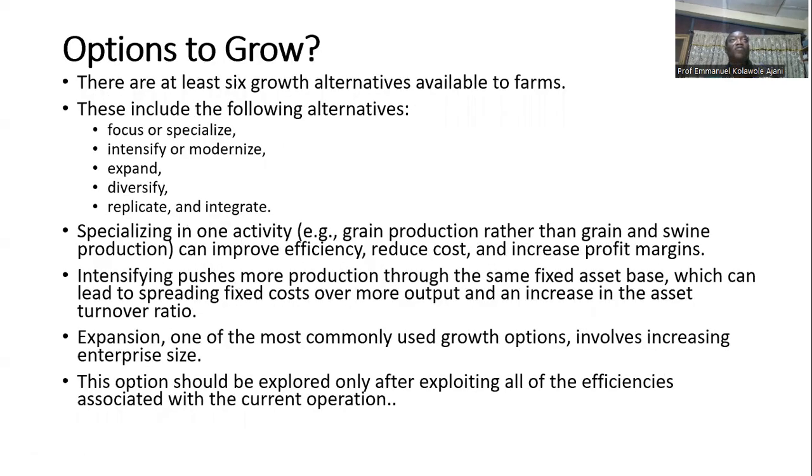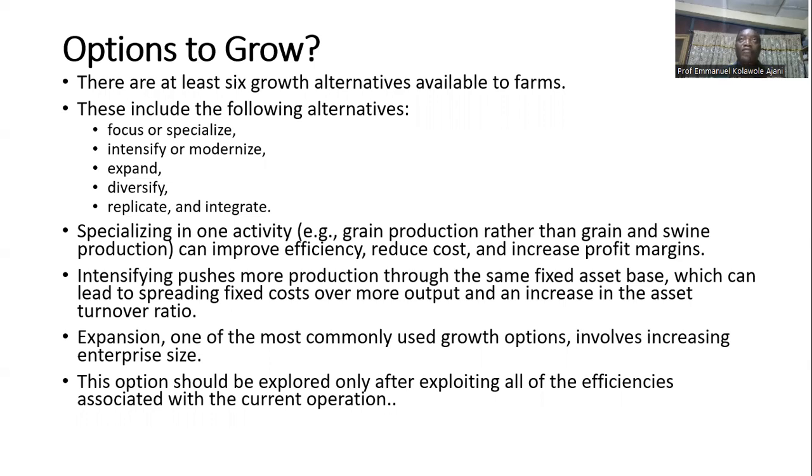There are so many options for growth. There are so many ways you can go about ensuring that your farm grows. In this presentation, there are at least 6 growth alternatives available to the fish farm, as listed here.